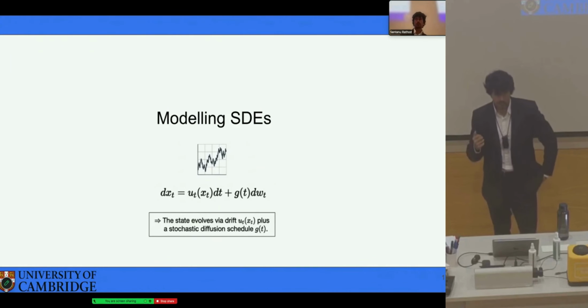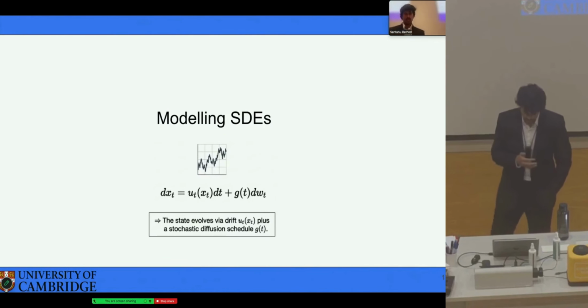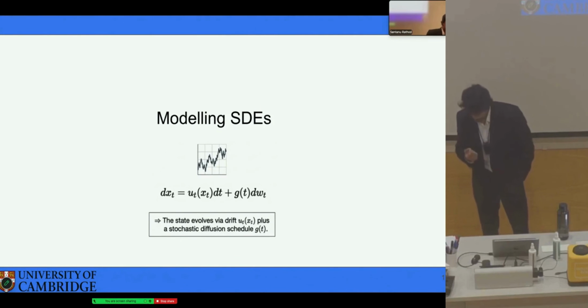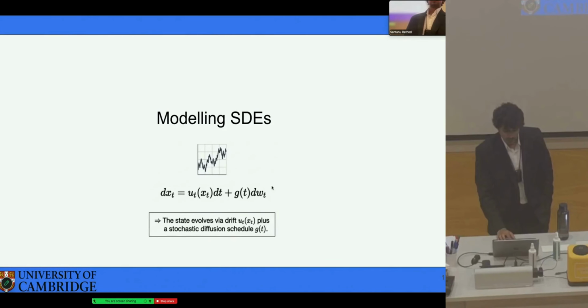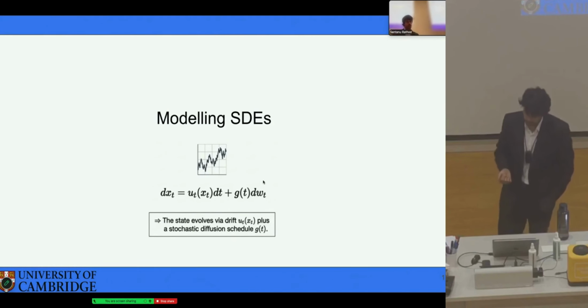And that was just for ODEs, but you can easily extend this framework to modeling SDEs as well. Now, compared to ODEs, for the SDE case, what you have is a drift term as well as a diffusion term, this G of t over here, and dWt is the Brownian motion term.